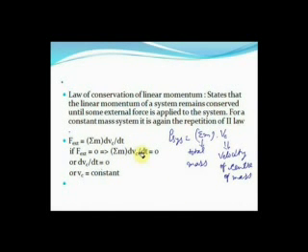Now according to Newton's second law, F external is equal to sigma m into dvc by dt. So if there is no external force, that is F external is 0, we have sigma m into dvc by dt is equal to 0, or dvc by dt is equal to 0, which means that Vc is constant, that is the velocity of center of mass is constant.